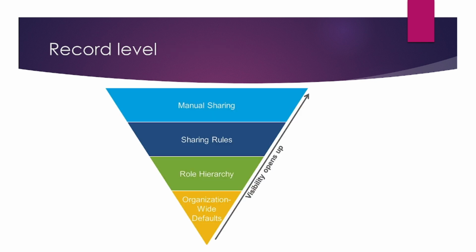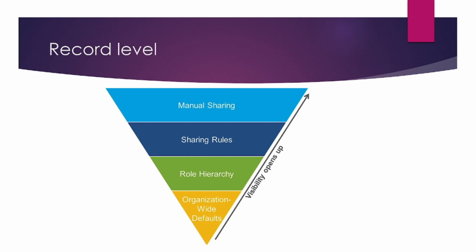So how does the flow work? In record level security, it flows from the bottom to top. The most restrictive is OWD, then role hierarchy, then sharing rule, and then manual sharing. This is how the flow goes, and visibility opens up in Salesforce.